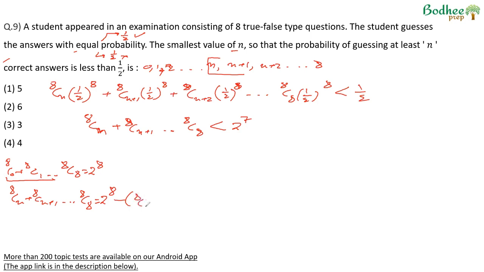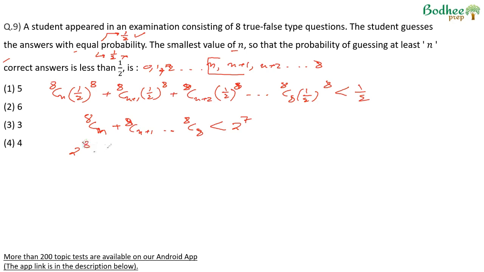So 8c0, 8c1 up till 8cn-1. Here I am replacing this and writing the new expression: 2 raised to power 8 minus (8c0 plus 8c1 plus 8c2 up till 8cn-1) is less than 2 raised to power 7.